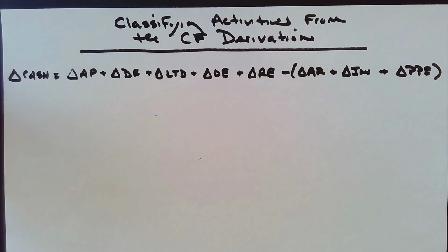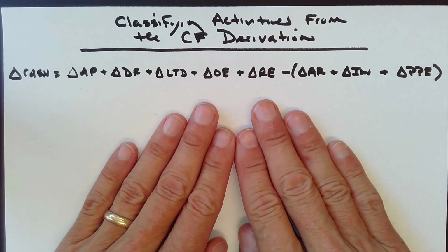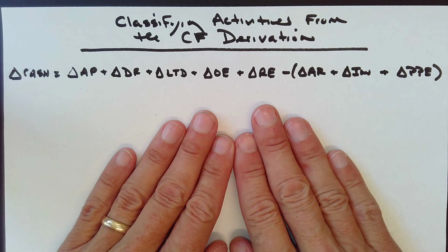That's where we don't have millions and millions of transactions going through those two processes. So the accounts that we generally use for investing or financing, based on what we have here. There are other accounts that we will use, but just based on what we have here.